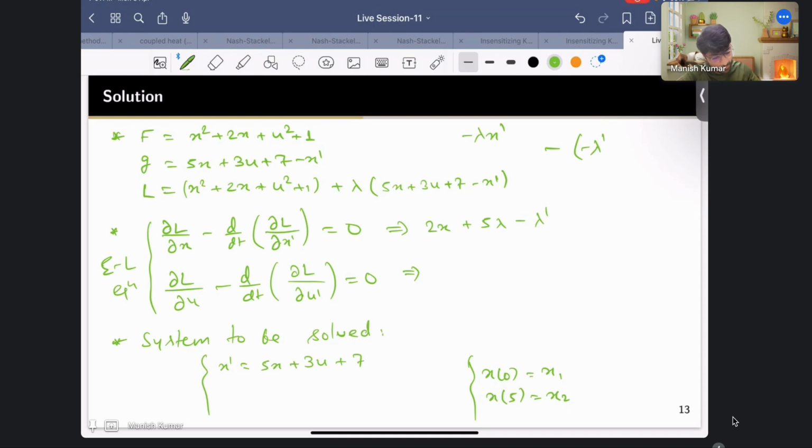Yeah, so it's plus here, plus 2, equal to 0. And when you differentiate the second one, you get 2u plus 3 lambda, sorry, minus 3, equal to 0.